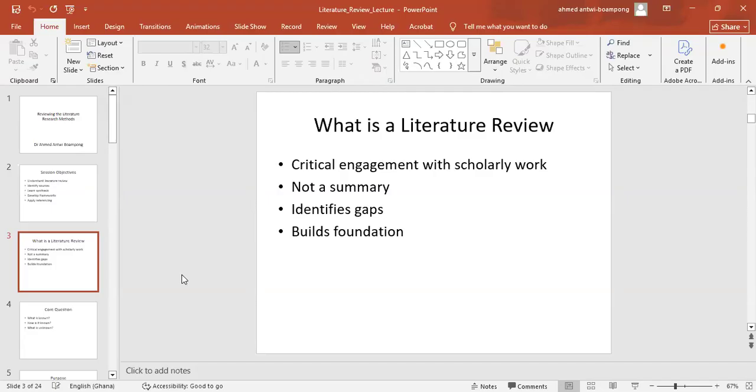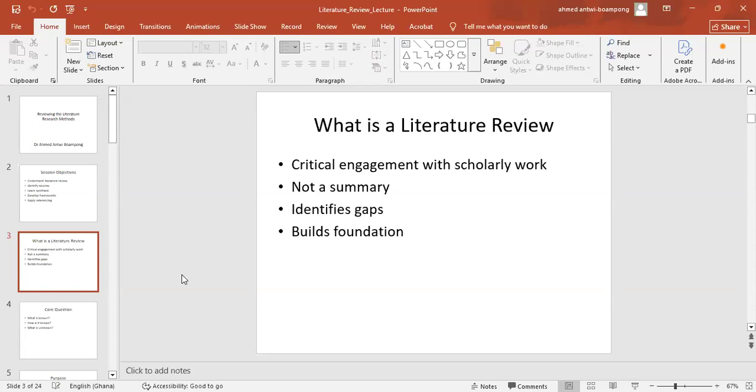So the literature review answers one very powerful academic question. What do we know? And what do we still need to know? What do we know in terms of the knowledge area within that field, and what do we still need to know?